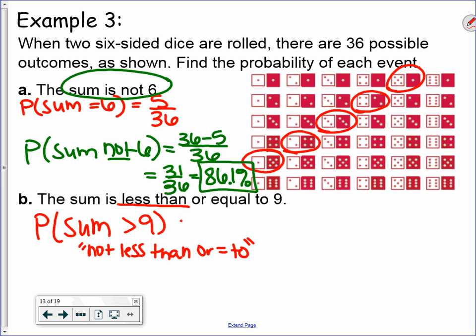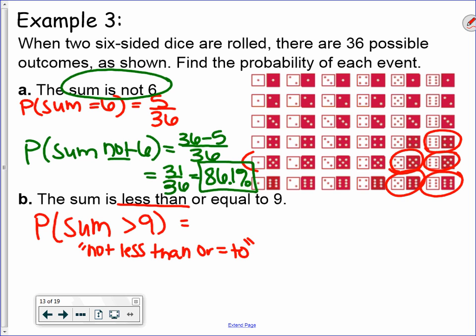So anything that is bigger than 9. So let's go through this again. I'm going to recircle. So let's start over here. So larger than 9 are all of these, and it's not larger than or equal to.